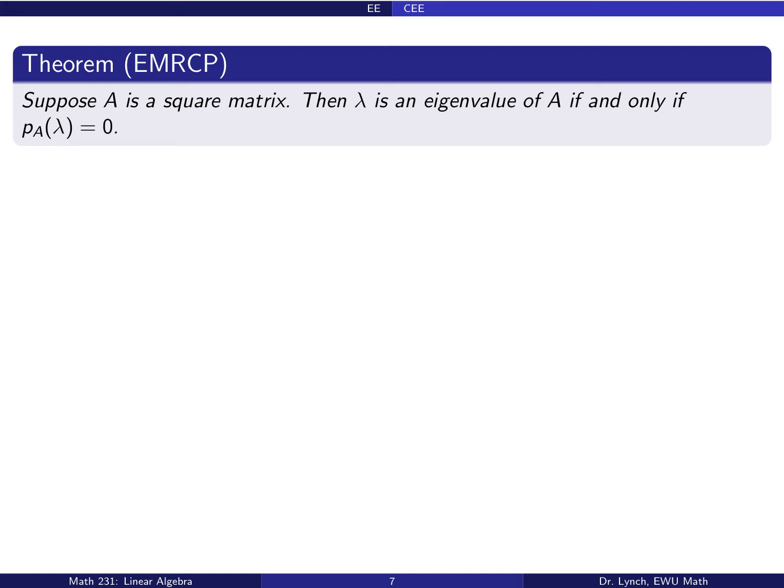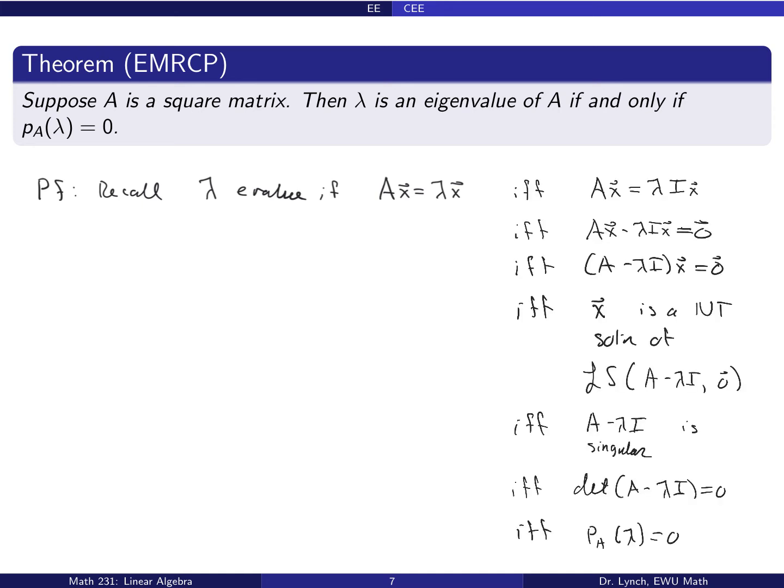So here's the theorem. Suppose that A is a square matrix. Lambda is an eigenvalue of A if and only if the characteristic polynomial evaluates to 0 at lambda. The proof of this theorem is based on the definition of eigenvalue, namely that lambda is an eigenvalue if Ax equals lambda x for some x that's not 0.